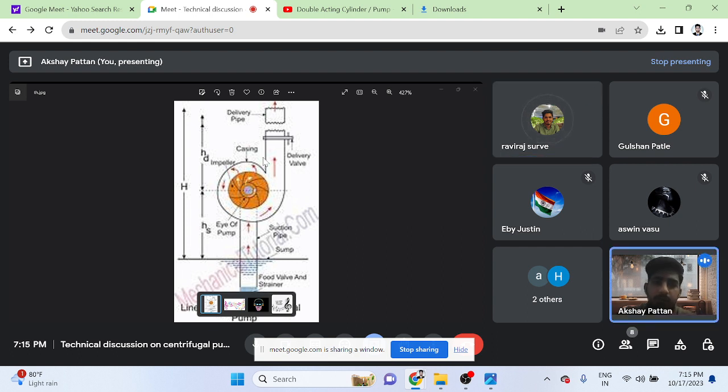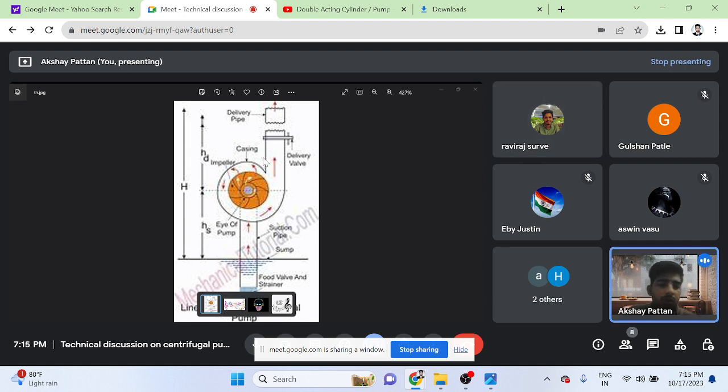Okay. Also, NPSH helps us to avoid cavitation, or to find the point where cavitation happens. So, to avoid cavitation, the NPSH should be more above the vapor pressure. It's above the vapor pressure but below the atmospheric pressure.